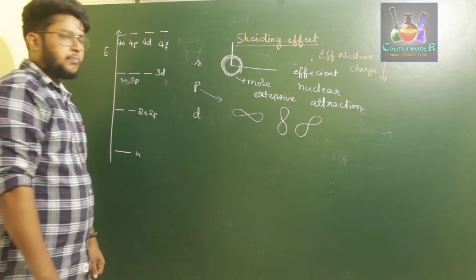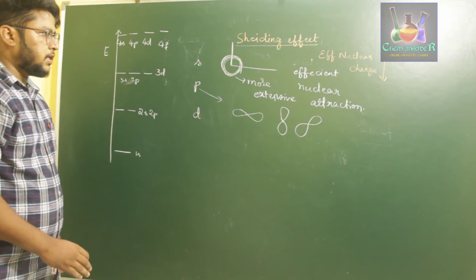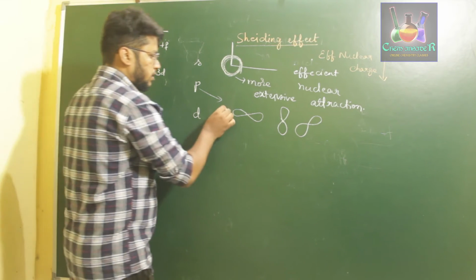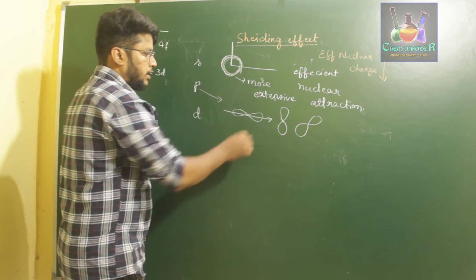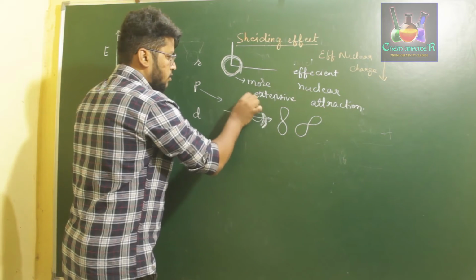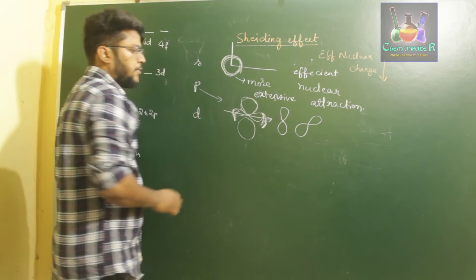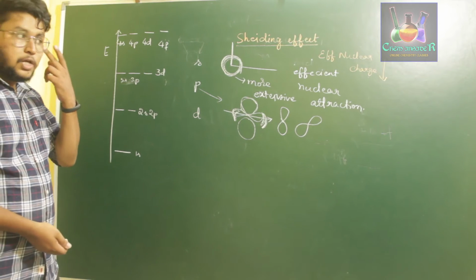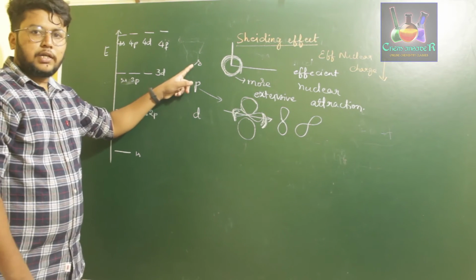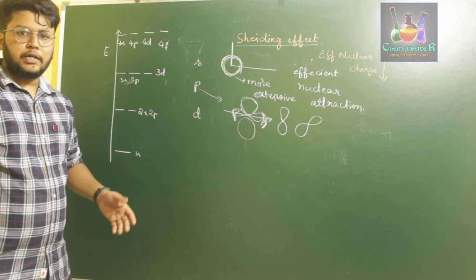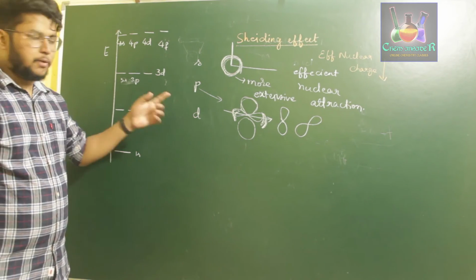So the p orbitals create a shielding effect only in certain directions. If it is on the x-axis, it creates a shielding effect in these particular positions only, but not here. So this complete space has a clear attraction energy. Therefore, the effective shielding created by s orbitals is more when compared to p. Similarly, d is slightly less when compared to p.